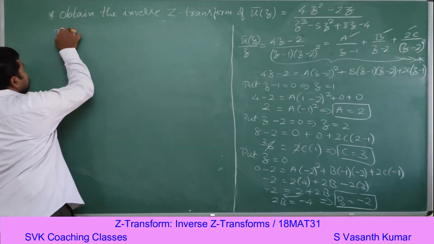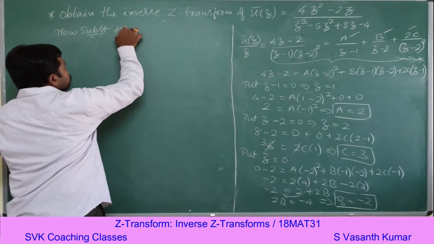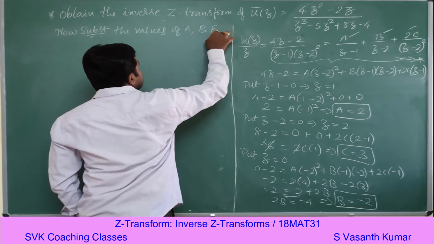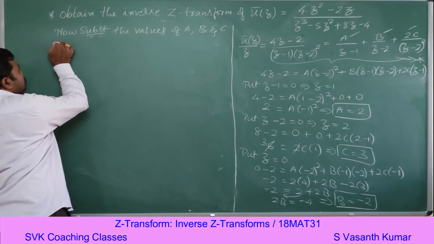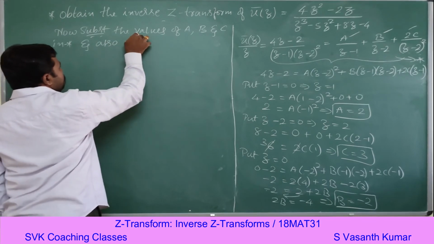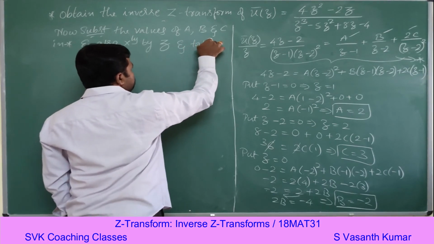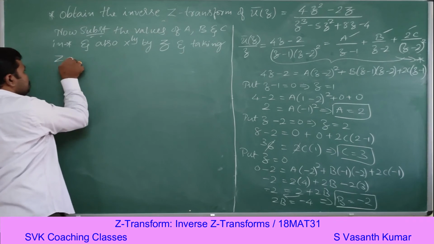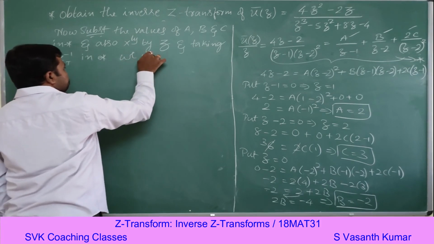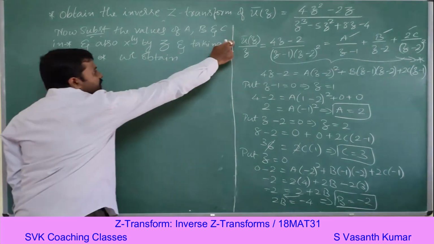Now substituting the values of A, B and C in star and also multiplying by z and taking Z-transform inverse in star, we obtain, the Z-transform inverse of Z by Z get cancelled.